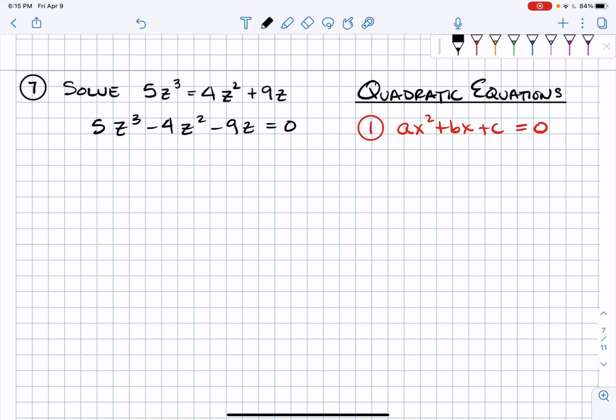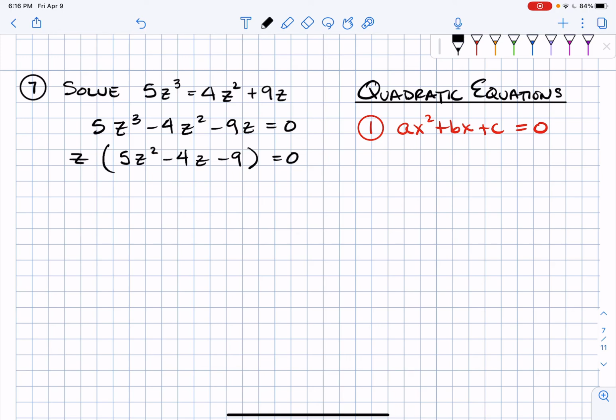I have to factor my non-zero side, which is the left side, and I have a GCF of z, which leaves me with 5z squared minus 4z minus 9 is equal to 0.